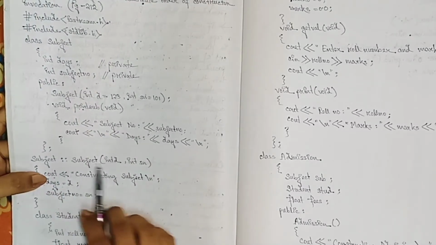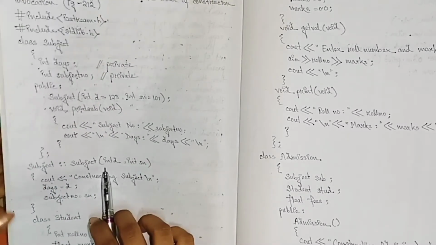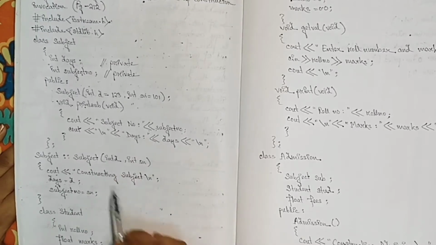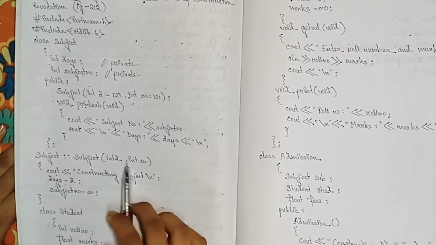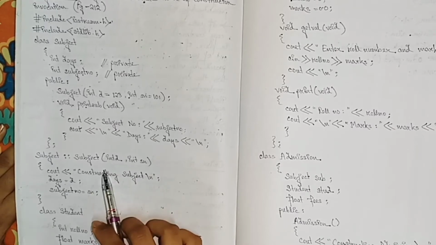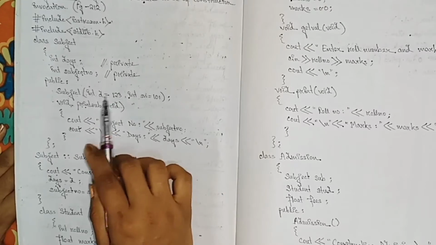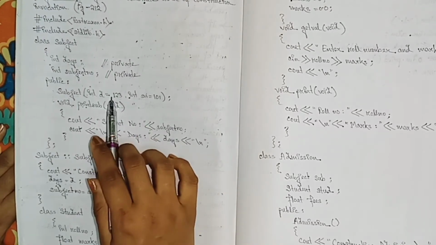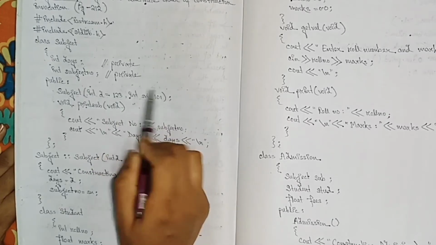And another constructor is defined, which is a parameterized constructor. If the user passes any parameter during its definition, then this constructor will be invoked. But if the user does not pass any parameter inside the object, then it will consider that default argument value.